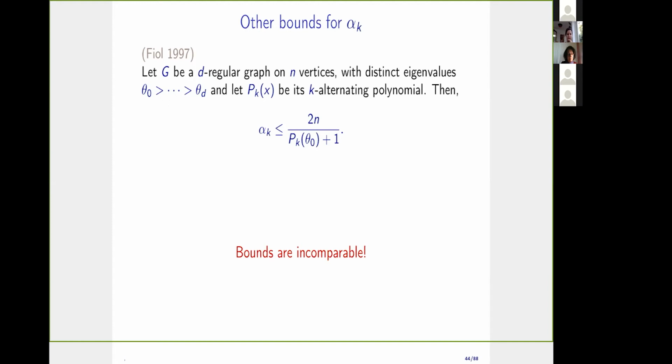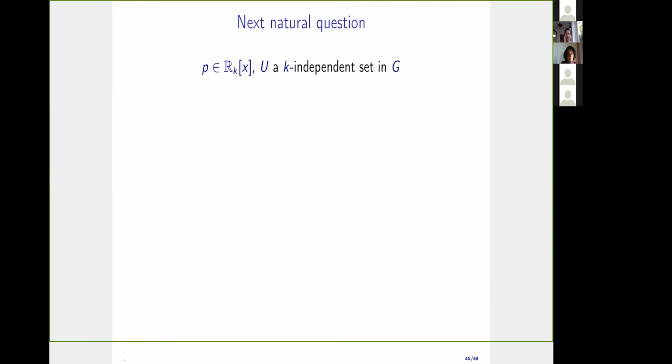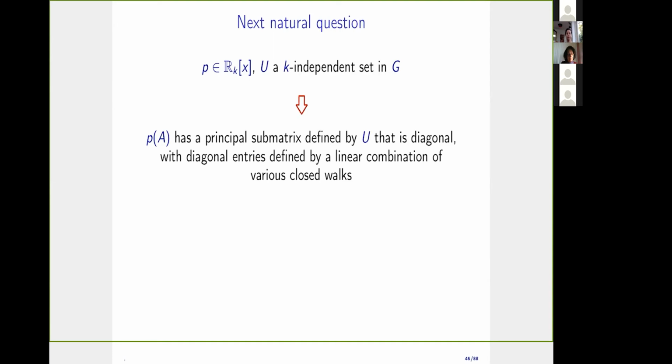Okay, so this is the scenario at the moment. So now you might think, what is next? What can you do better to improve these bounds? Well, we have been at the moment just talking about p(A), and we have been using p(A) just being A to the power of k, the kth power of the adjacency matrix. And we have been looking at linear combinations of closed walks.